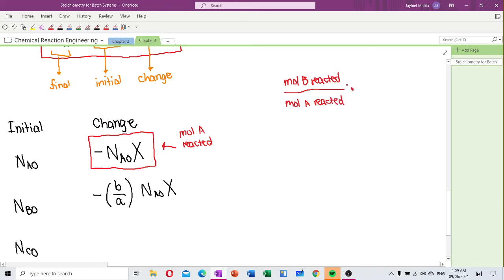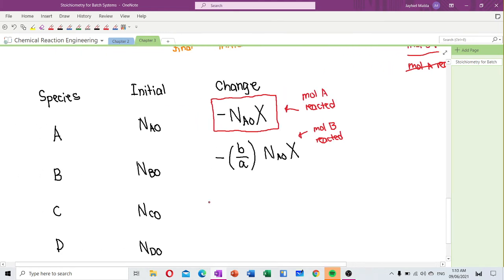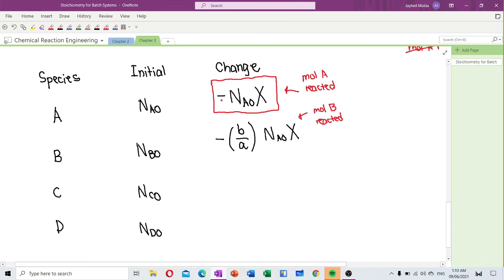And then your Na0x is moles of A reacted. If you multiply the two terms, this moles of A reacted term will be cancelled out, leaving you with the unit that is moles of B reacted.